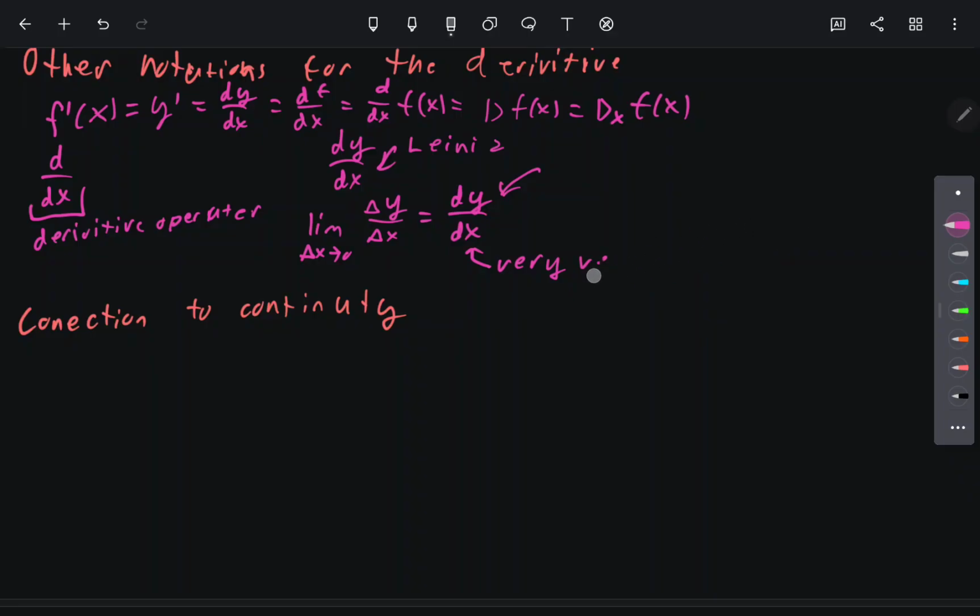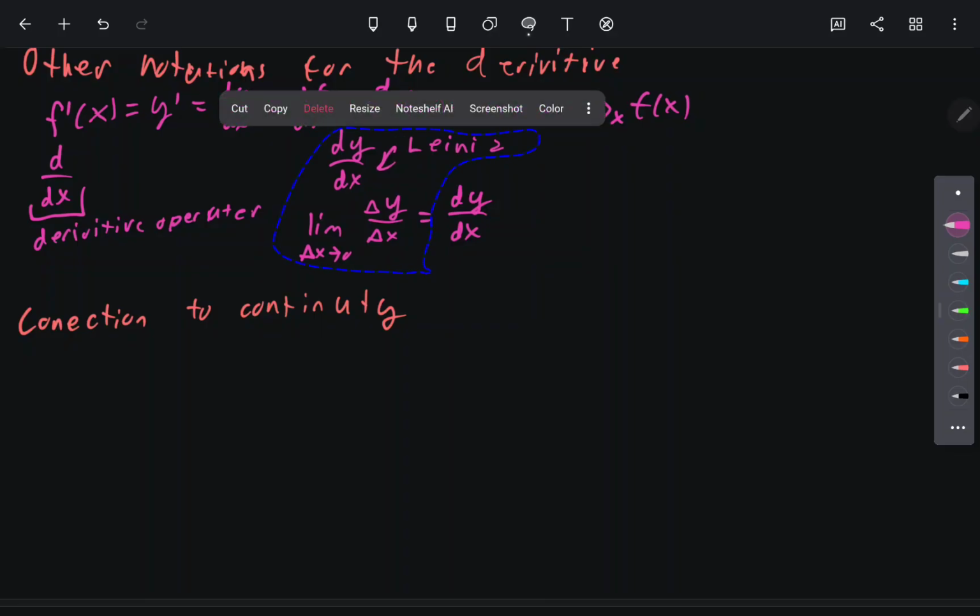Leibniz was very thoughtful of how his notation worked. If I remember correctly, Newton's original notation used dots representing the derivative. But Leibniz had this very intricate way of thinking and making sure that his notation was understandable.